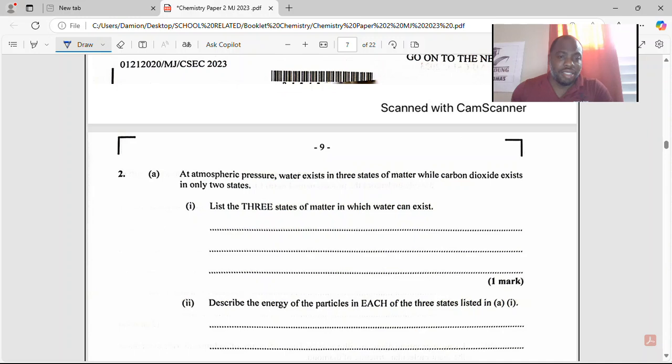Honestly, like this, I really would want to, I guess if you don't list any of the three states, because you don't get half mark in CXC. So what are the three states? Liquid, gas, and solid. I'm just going to write it how you say it.